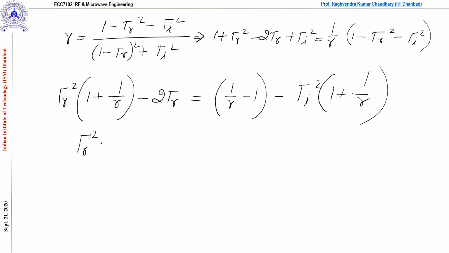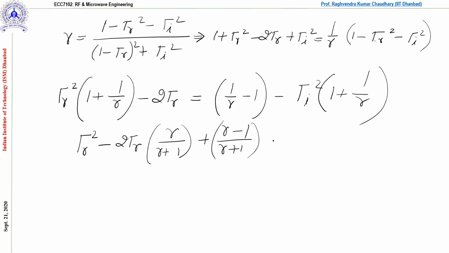This is gamma r square minus 2 gamma r into 1 upon r plus 1, plus r minus 1 over r plus 1. This one term is equal to minus gamma I square. Can we do? Please check. Just a little bit of rearrangement I made here.